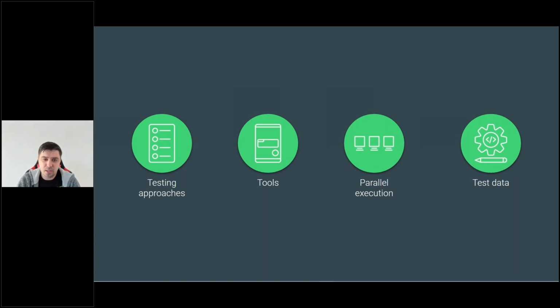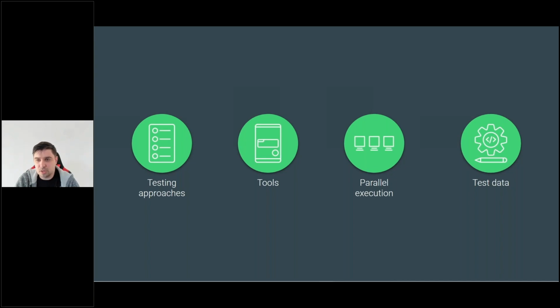First of all, it's testing approaches, and of course, end-to-end tests can be much more flaky than functional tests, because they are longer and they depend on a real backend, and we can have different overloading or different situations. Our network speed can also be different when we communicate with the real backend. The next factor is the tools which we use, and the first of such tools can be the emulator.